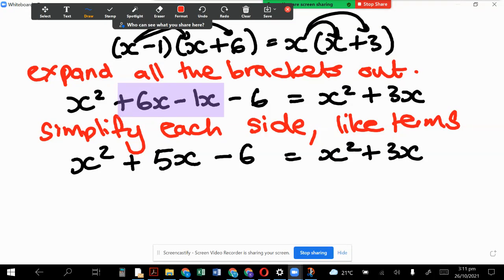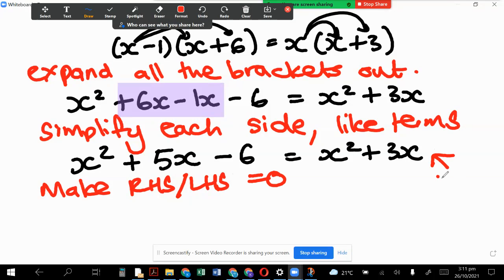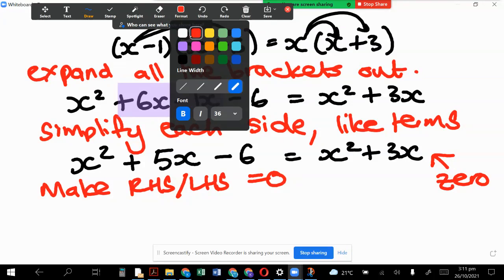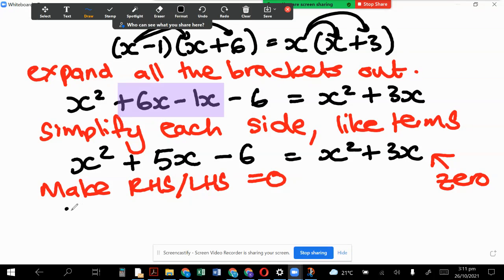The next step, make the right hand side equal to 0, or the left hand side. I'm going to make this side equal to 0, and to do that, I'm going to bring everything over to the left hand side. So I'm going to have x squared plus 5x minus 6.